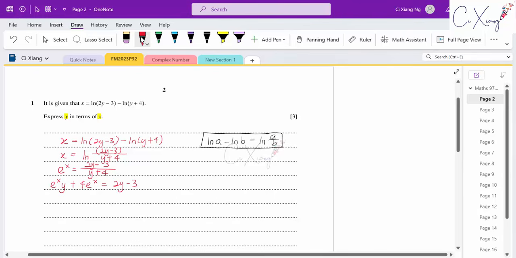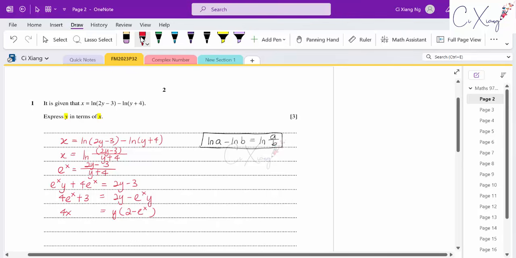After that, I will want to combine all the y at one side. So I will try to group all the y here. Then on the left hand side, I have 4e power x plus 3. For the y, I can factorize it out.